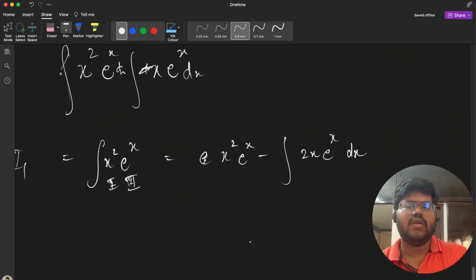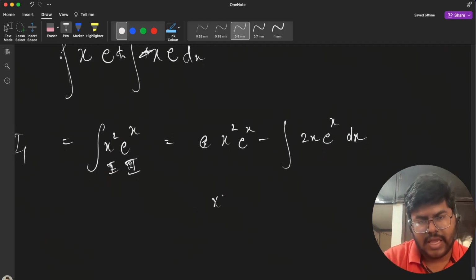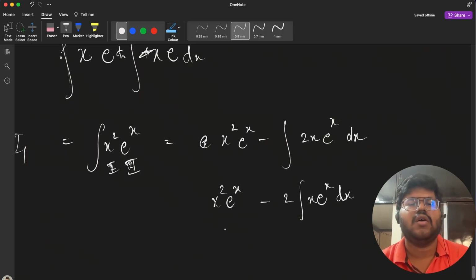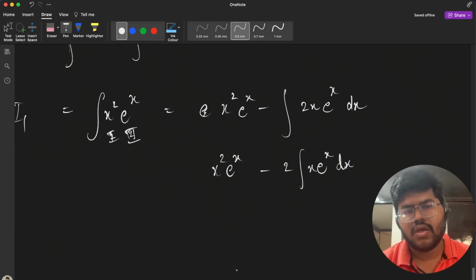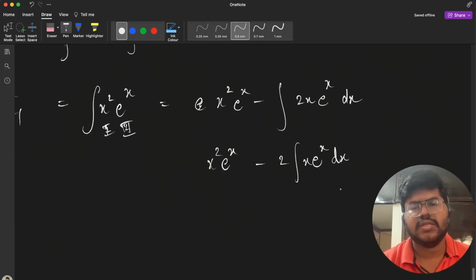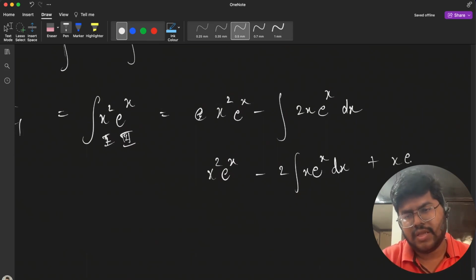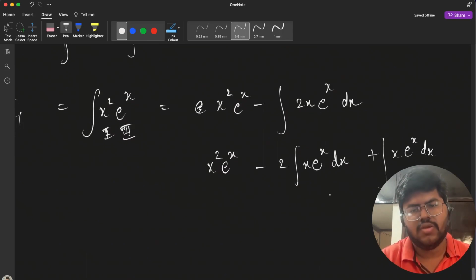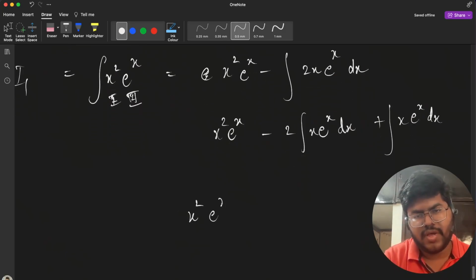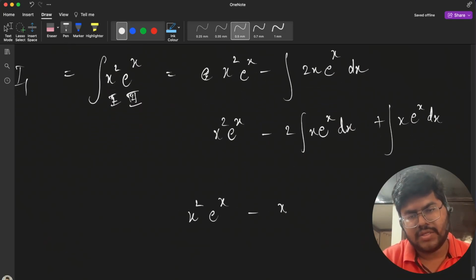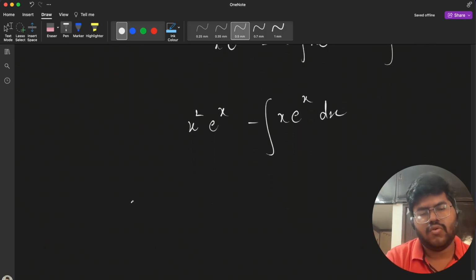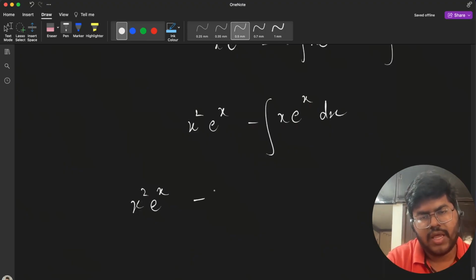Now we get x square e raised to x minus integration of 2x e raised to x dx, right? And we have plus integration of x e raised to x dx. If we simplify it, we get minus integration of x e raised to x dx, right?